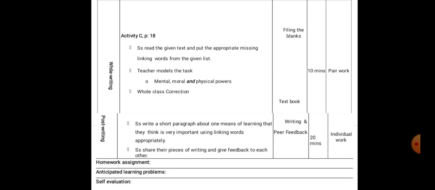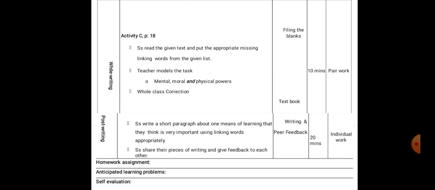They come up with their sentences, or they write a short paragraph about one means of learning that they think is important using linking words appropriately. Students share their pieces of writing and give feedback to each other.